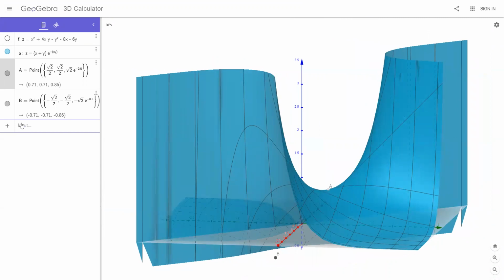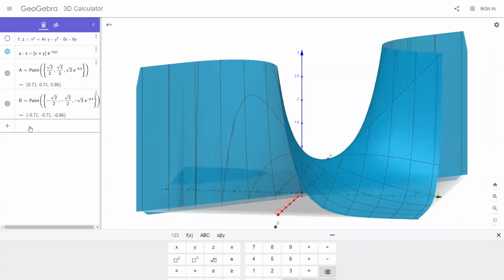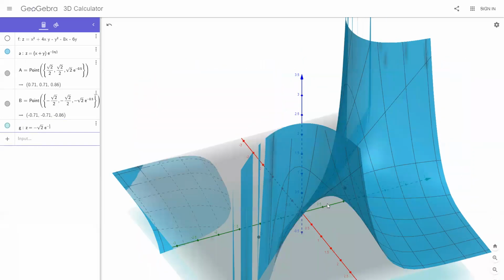For example, here, if I want to plot the plane z is equal to negative square root of 2 times e to the power negative 1 over 2, okay? And then where is it?